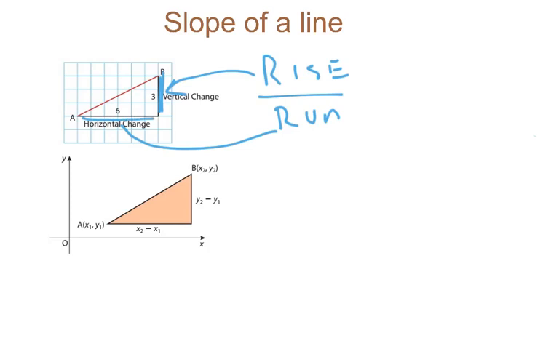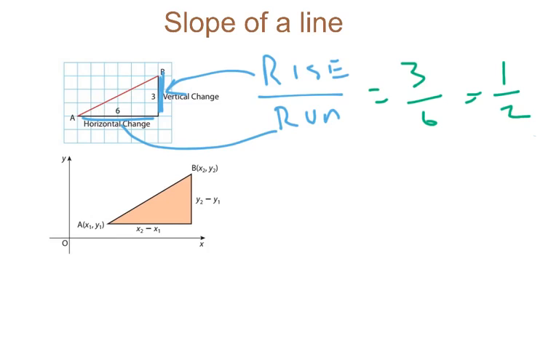And all you have to do, if you're shown a diagram, is count the number of squares. So 1, 2, 3, 4, 5, 6 squares is the run and 3 squares is the rise. So this equation is going to be 3 over 6, which is equal to a half. That's a positive half.